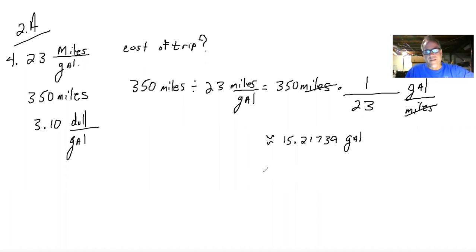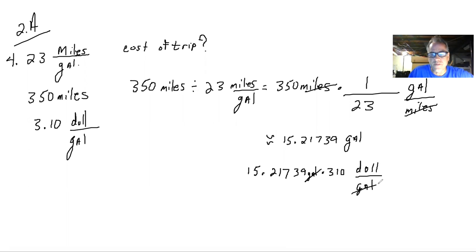So what I can now do is take this value and multiply it, just so we can watch how the units cancel out. That is, multiply it by the $3.10 number. Let me sneak in the gallons there, because this is dollars per gallon. And see how those cancel out.